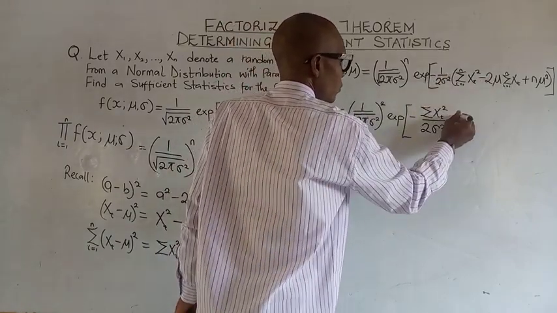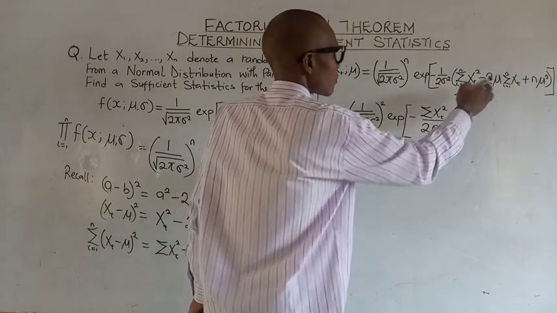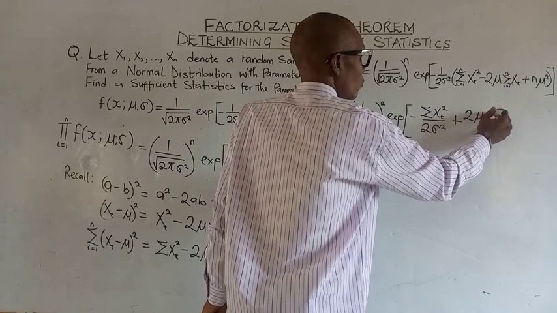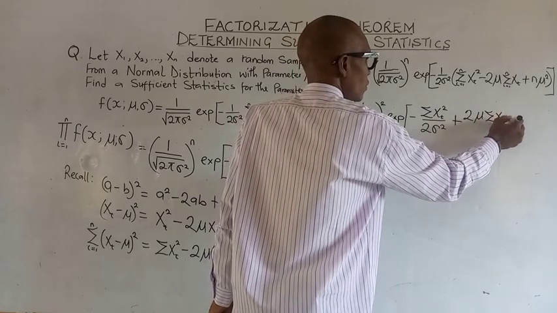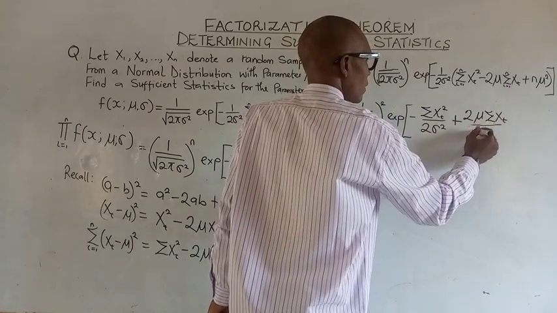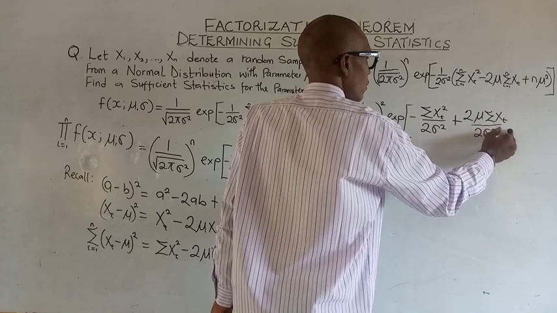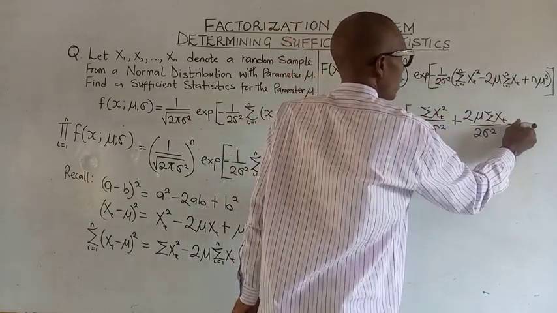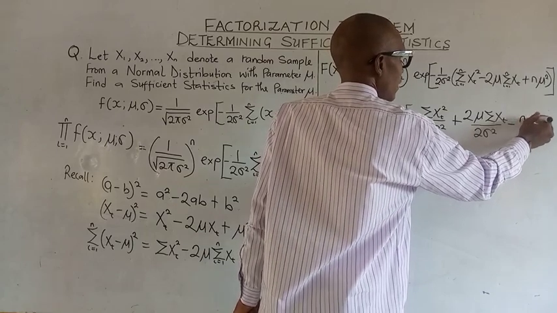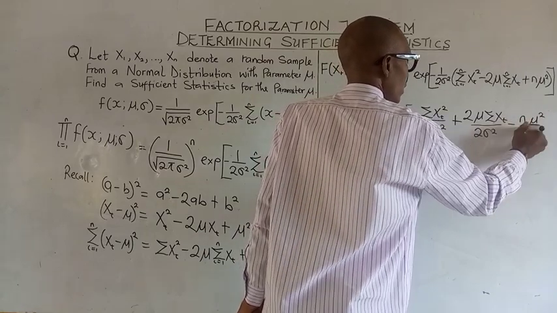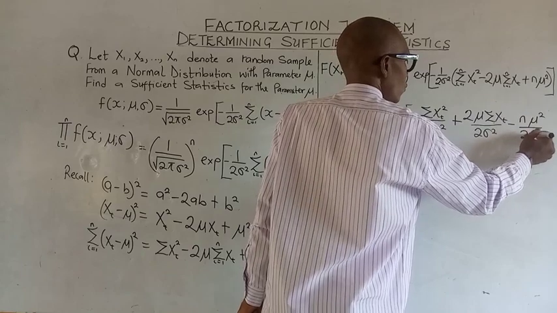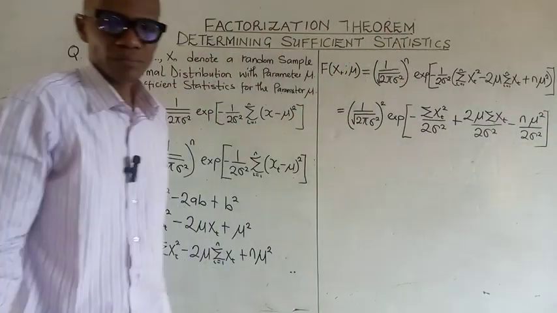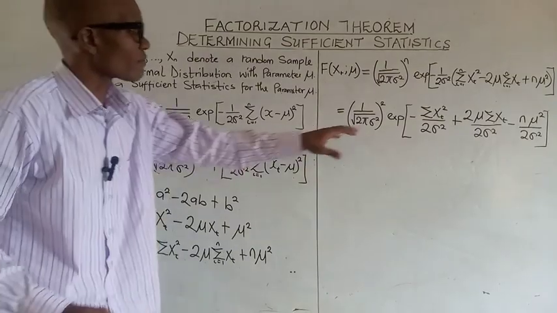This multiplied by this will get plus 2 mu summation x_i all over 2 sigma squared. This multiplied by this, you have minus n mu squared all over 2 sigma squared. So this is what we have.